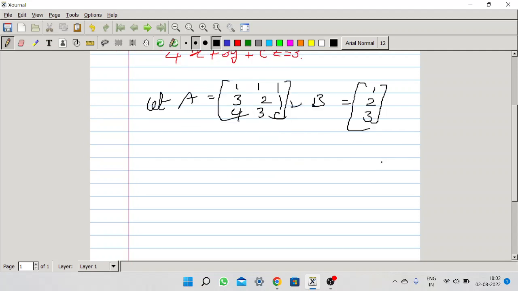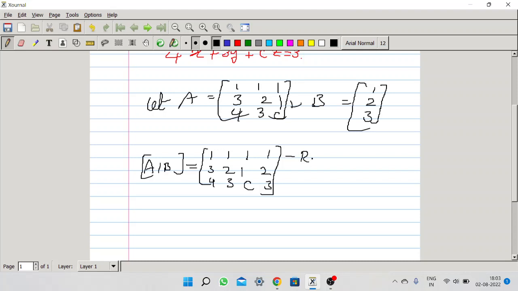Now we will write the augmented matrix AB. This is nothing but combining the two matrices and writing them as a single matrix: [1 1 1 1; 3 2 1 2; 4 3 C 3]. By converting this augmented matrix to echelon form, we can find the rank of this matrix.